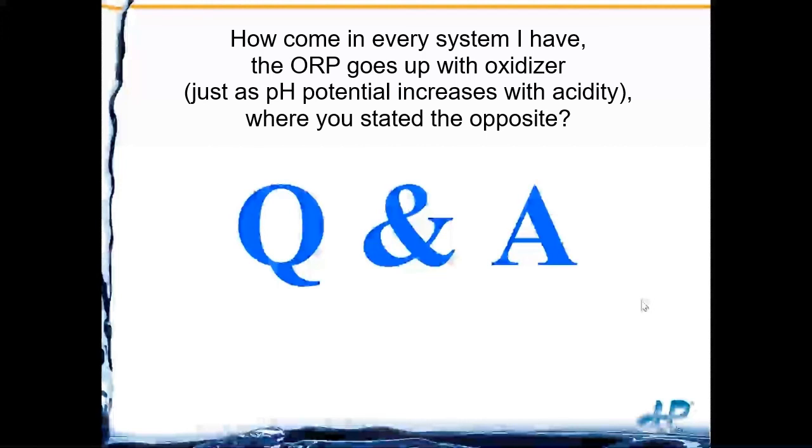I'm not going to say it wrong, so I want to look it up. I may have put it backwards on the chart. My little cheat sheet of the ORP scale that I made may have been wrong. So that question, Daryl, if you can flag it, I actually want to verify that. The oxidation agent is actually causing a reduction, which should be a positive value, not a negative value. I just want to dig into that some more and make sure that what I just stated wasn't wrong.